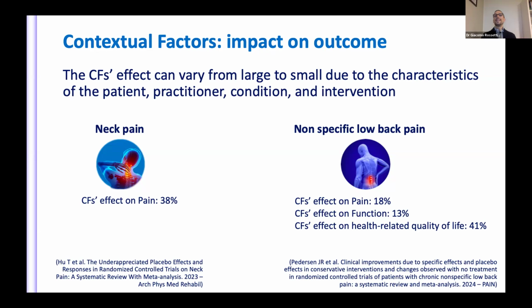For example, in neck pain, we have 38% of contextual effects for pain. In contrast, in non-specific low back pain, the contextual effect weighs for 18% in pain, 13% for function, and 41% for quality of life. And the heterogeneity in these results can be explained by the characteristics of the patient, the clinician, the condition analyzed, and the interventions considered.